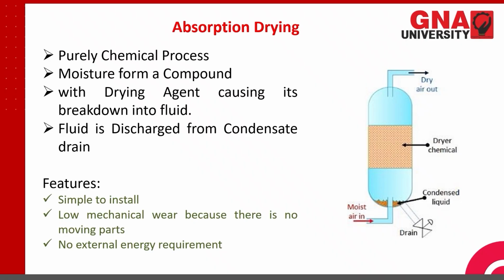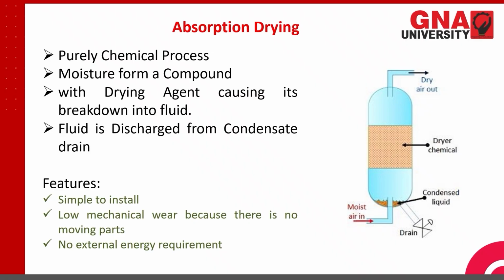Moisture forms a compound with the drying agent, causing its breakdown into fluid. So we have a drying chemical like this here. The moisture present in the air forms a compound with this drying chemical, and it separates out the fluid from it.